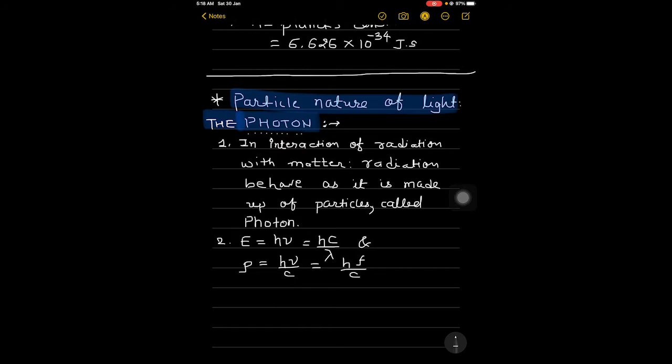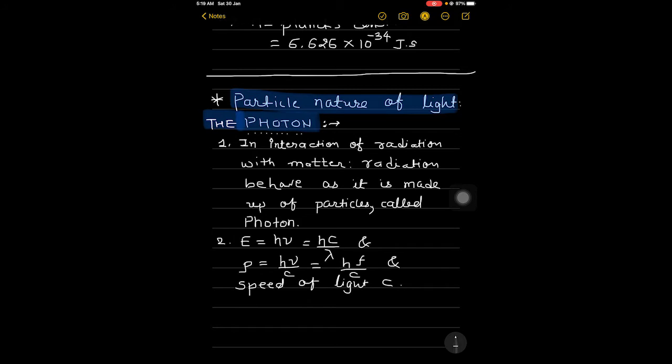So we can write nu or f for frequency, and the photon has the speed of light c. So a photon has energy hf or hc over lambda, momentum hf upon c, and the speed of light.